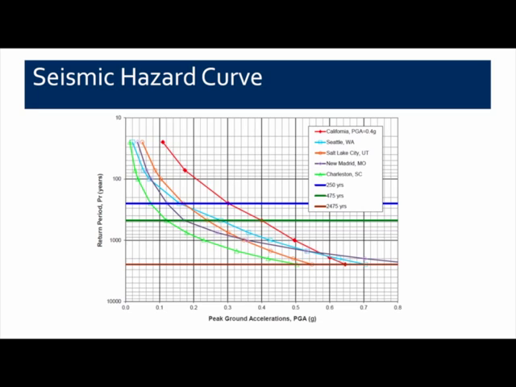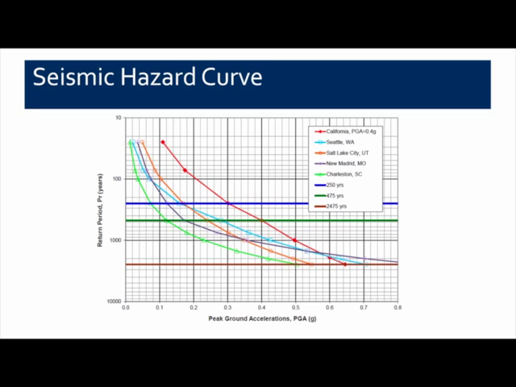And what you see here is a group of hazard curves for various sites throughout the United States. What you can see is on the left axis is the return period, and note that this is a logarithmic scale. And on the bottom, the horizontal axis, is the peak ground acceleration that's expected for the earthquakes.